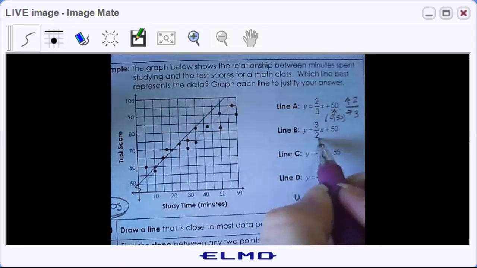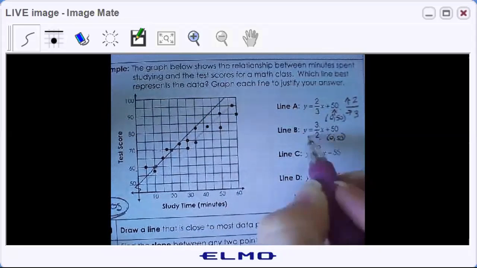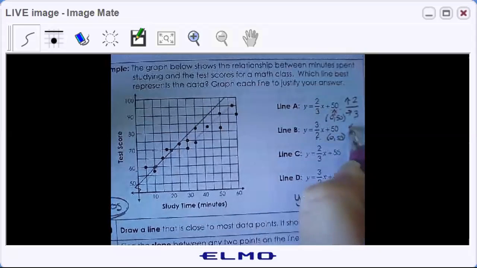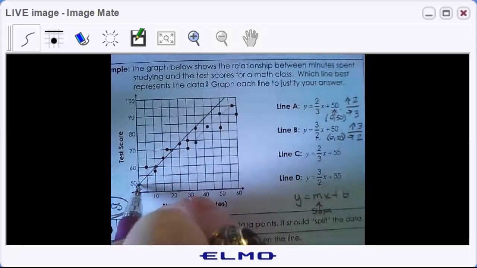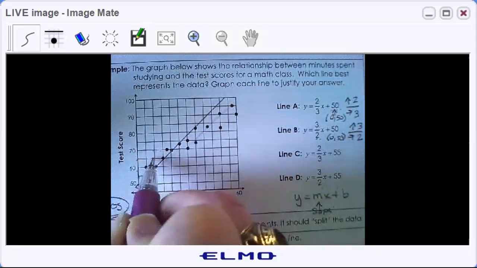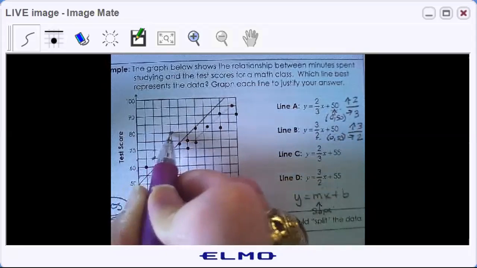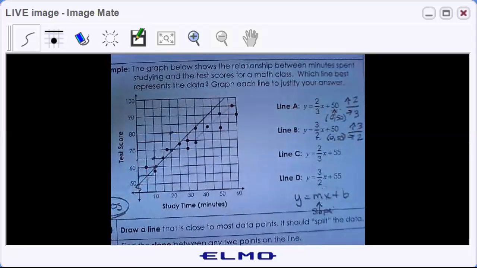The next one has the same y-intercept, but it has a different slope. It has a slope of 3/2. That means I'm going up 3 and right 2. So I start from the same place, but this time I go up 3 over 2, up 3 over 2. Well, let's check this one. Does this one do what I want it to?